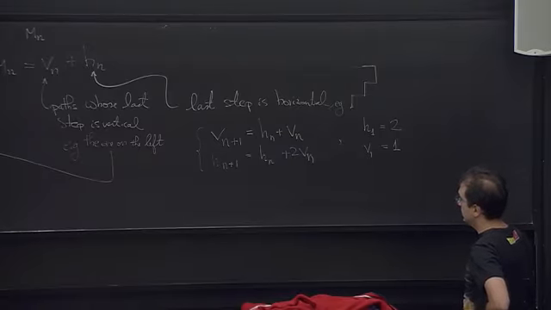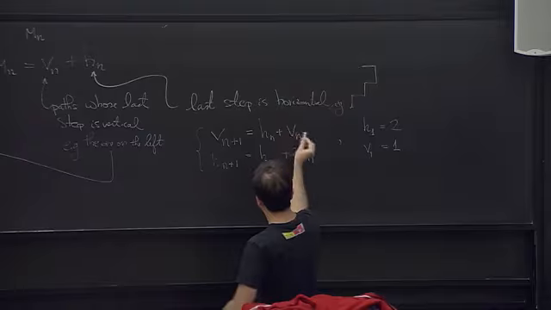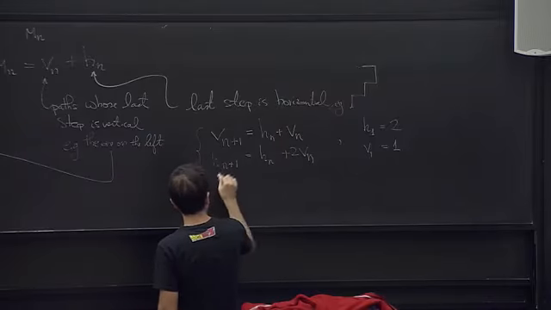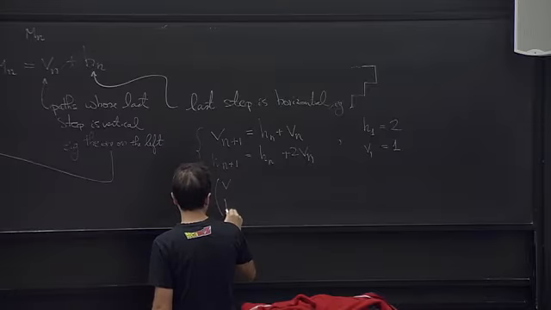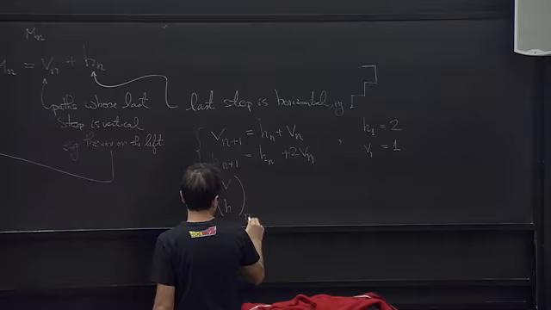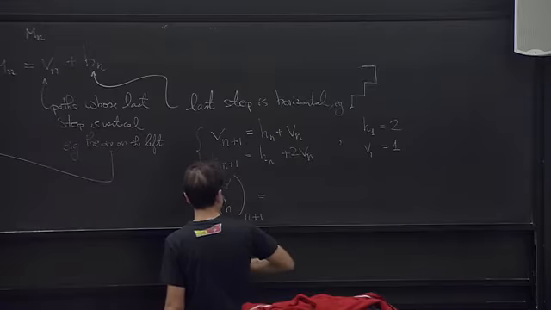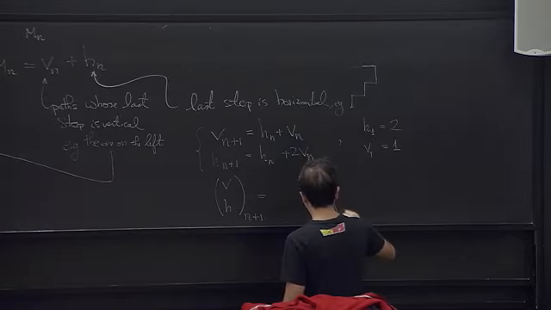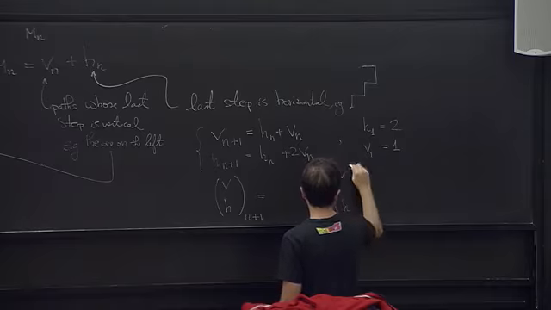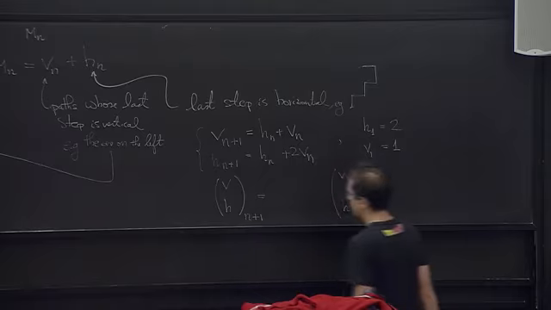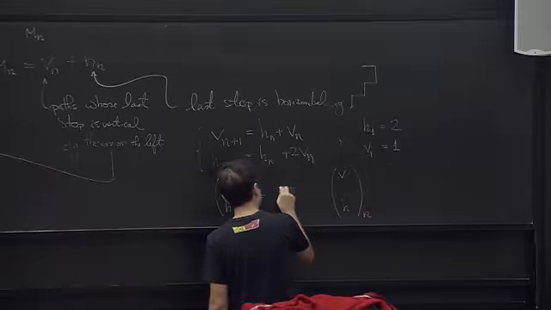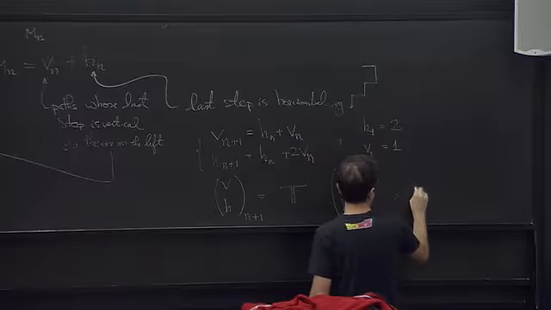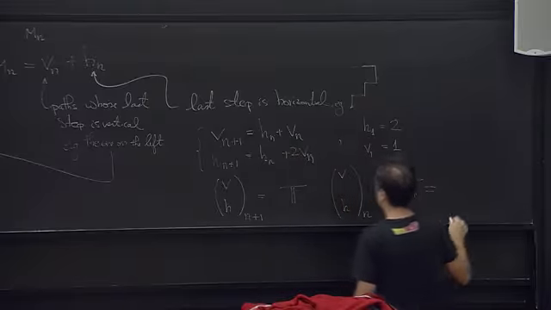Okay. So this I can write in this language. I can think of a vector which has components vh at position n plus 1, and I say that this is the vector vh at step n times a transfer matrix T, where T is the matrix.